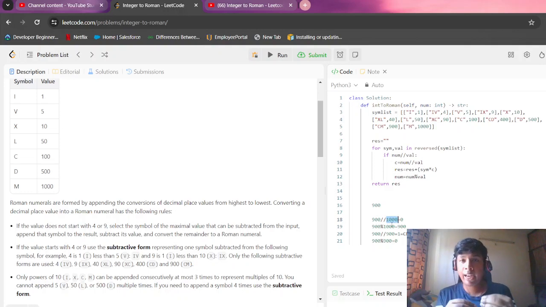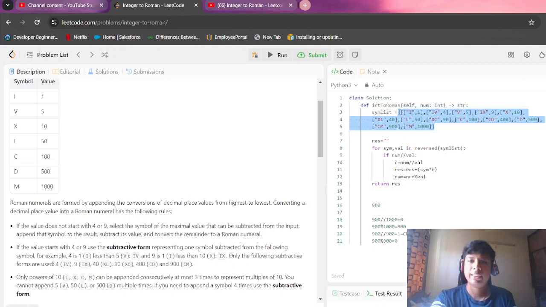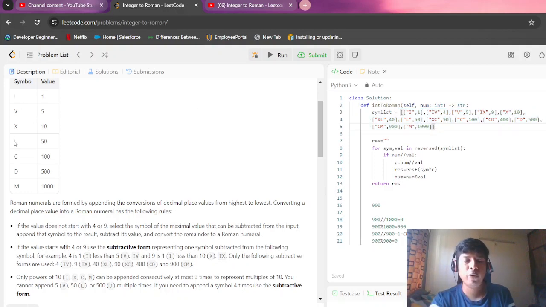My reason to go in reverse order is that I did not want to print this list in reverse because it would confuse you. You can reverse the list and then go with a normal loop, but my idea was to print this list in a proper way to explain where to insert the values, and then just loop the values and symbols in the reversed order. And I am reversing because, as I told, Roman numerals work from left to right, from highest to lowest.